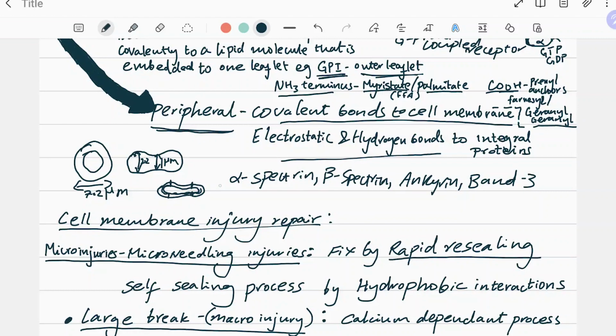So if any of these mutates, spectrin, which is the scaffolding, or ankyrin, which anchors this in place, you cannot maintain the biconcave shape, and instead you will get an oval or a round shape. So you get ovalocytosis or spherocytosis. Ovalocytosis can also be called elliptocytosis because it's shaped like an ellipse. Spherocytosis means it's just a proper circle.